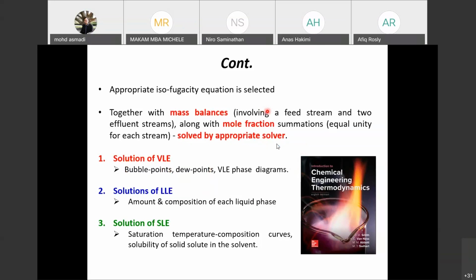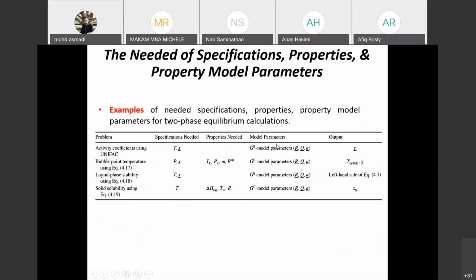And for the last, this is an example of the specification needed, the properties as well as the property model parameters for two-phase equilibria. For example, the specification needed for the problem is UNIFAC activity coefficient, temperature, and also composition. For the bubble point, if you still remember how to calculate bubble points, the specification needed is pressure as well as the composition.